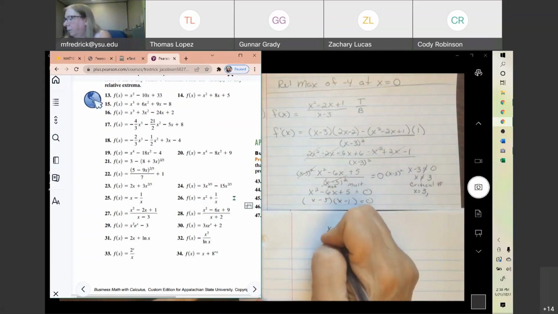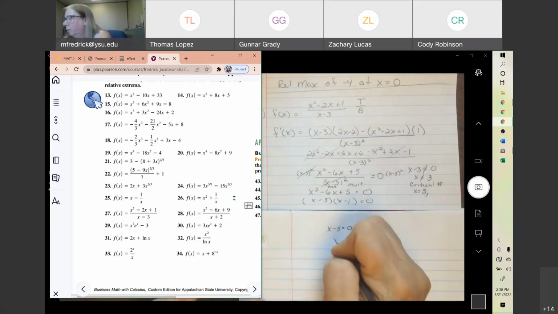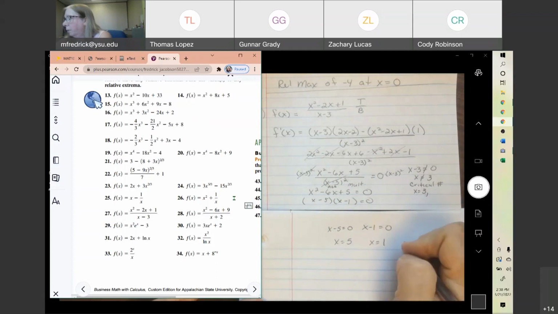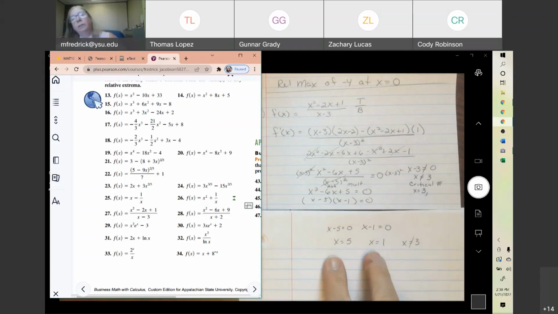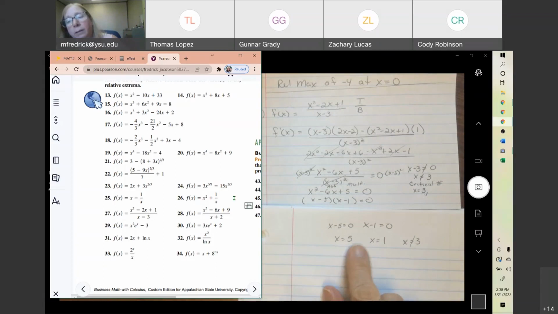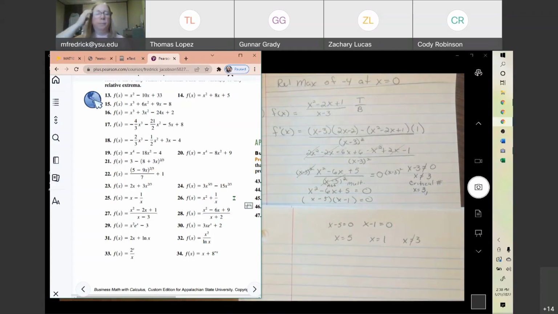Setting them equal to 0 gives us two more critical numbers. So we have these two critical numbers and this one. These two are definitely a relative max or min. This one kind of depends on the function, but you need to check it. Any questions on that part?